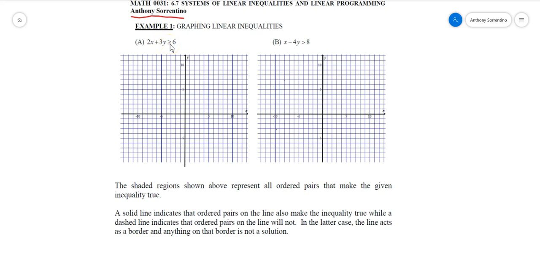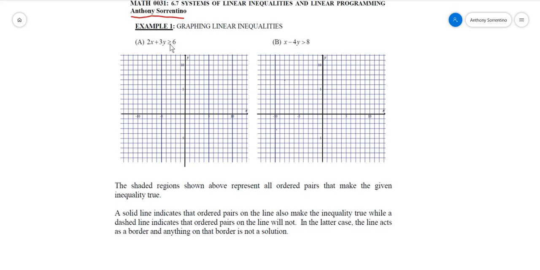But as far as what I do to solve this, or to graph it, I still like to put it in slope-intercept form for two reasons. One, it makes it easier to graph in the long run, and two, it lets me know where to shade. So here's what I mean.